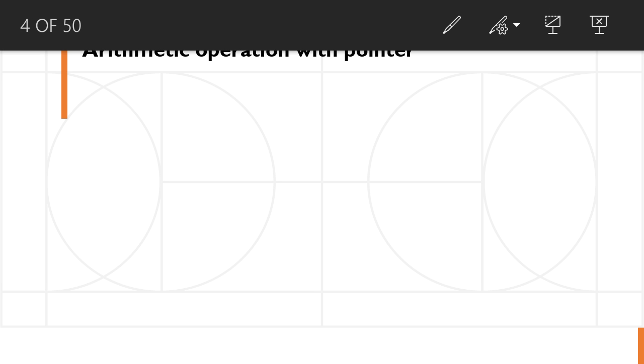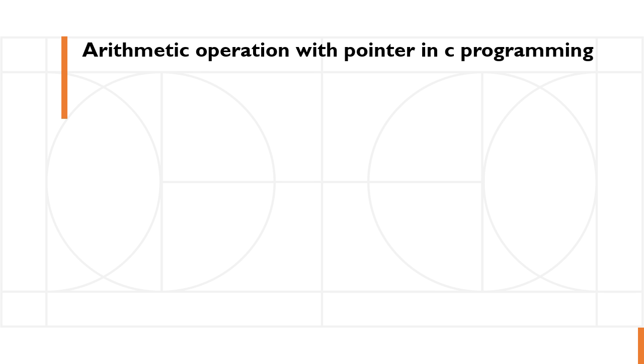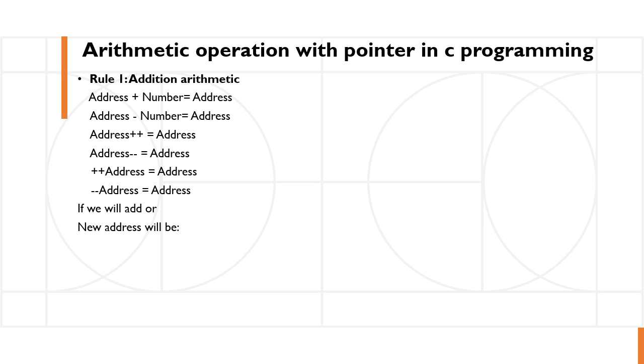So coming into pointer arithmetic in depth, we already covered this, but we'll look into the broader perspective of the arithmetic. Rule 1: address plus number equals address. Address minus number equals address. Address plus plus is also an address.